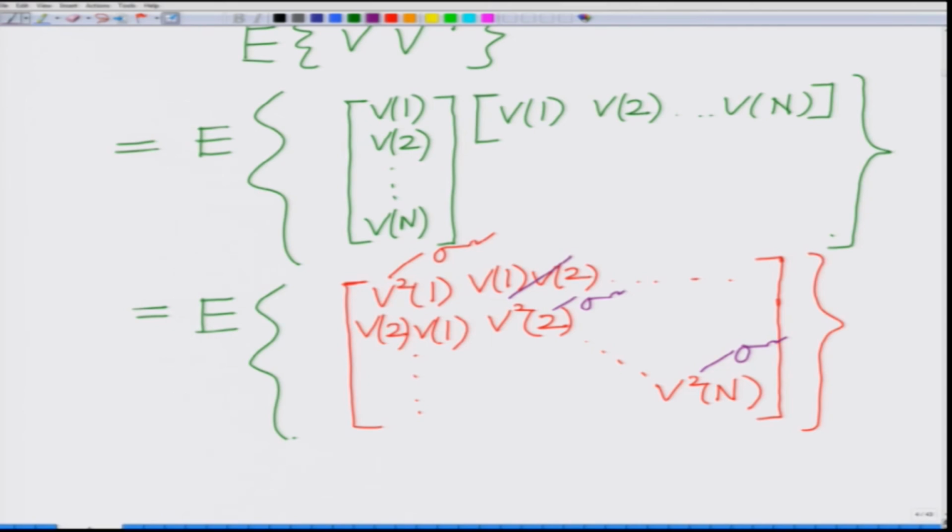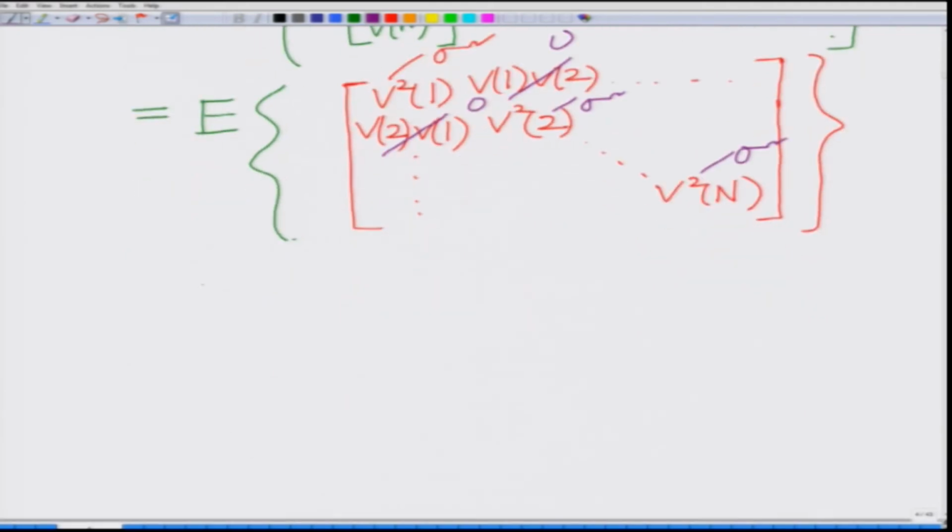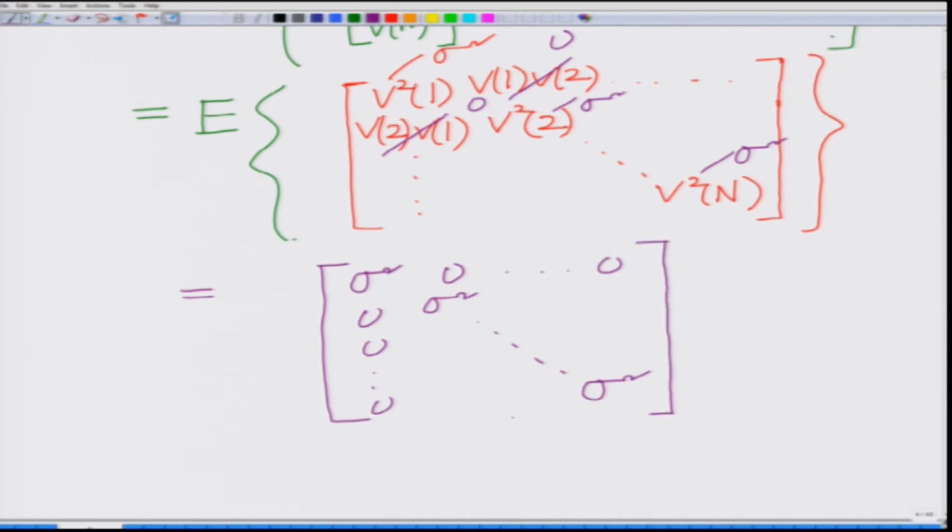All the off diagonal elements, V1 V2, are 0. And therefore, what I have is the covariance matrix: sigma square, sigma square, sigma square on the diagonal, and the off diagonal elements are 0. So, basically this becomes sigma square times the identity, and more specifically sigma square times the n cross n identity matrix.